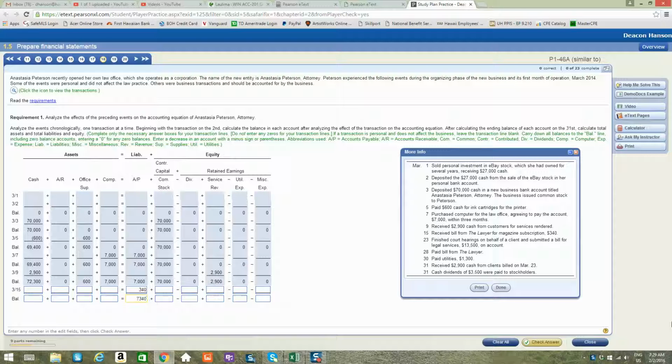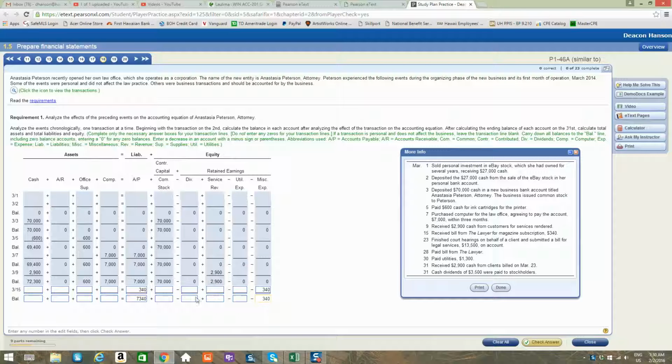Now, when you get a bill, that usually indicates you have an expense. So over here, our expenses are increasing, and when the expenses increase, they actually decrease the right side of the equation. So I'm going to plug in 340 over here, and I'm going to have a negative 340. So when you take the total over here, be sure to subtract.